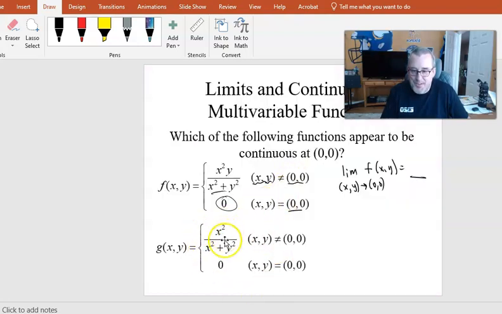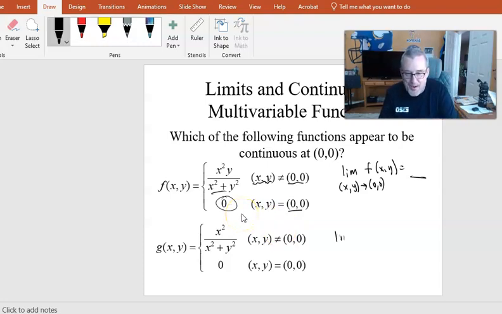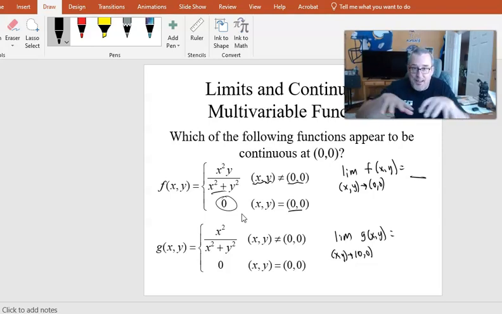Now, what about this one? Notice in this case, we made a small change to the numerator: x squared times y, just x squared. Similarly, what we're thinking about is, as the ordered pair (x, y) approaches (0, 0) from any which direction, infinitely many directions, how does the function g of (x, y) behave? Does it all blend in towards 0?